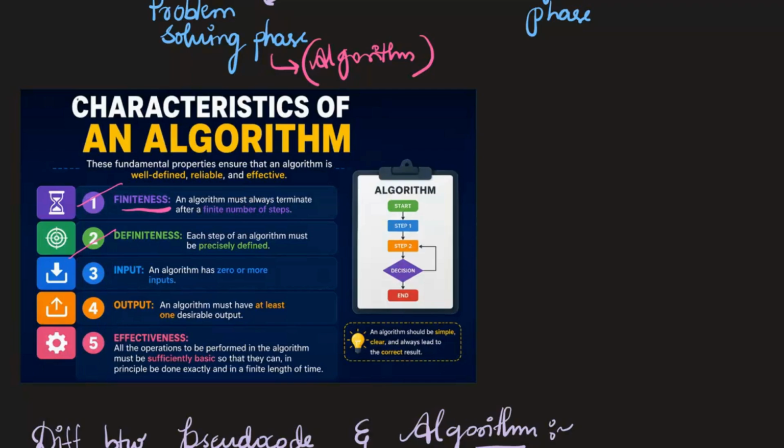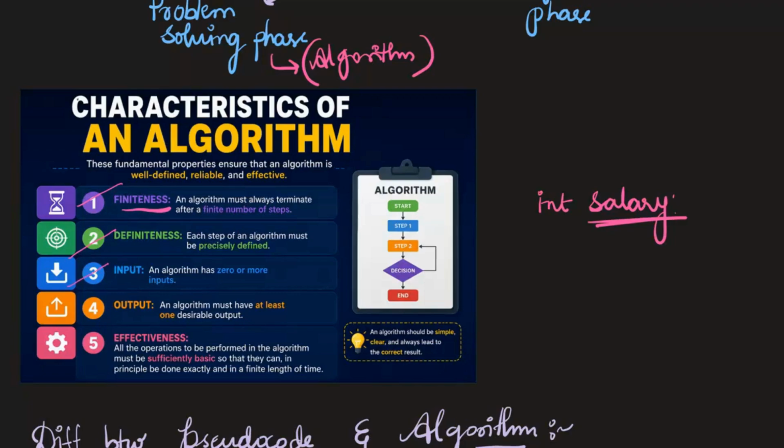That means when you start reading your code, you need to understand what you have written. Suppose you want to create int salary, then you create int salary. So there is definiteness in the algorithm.